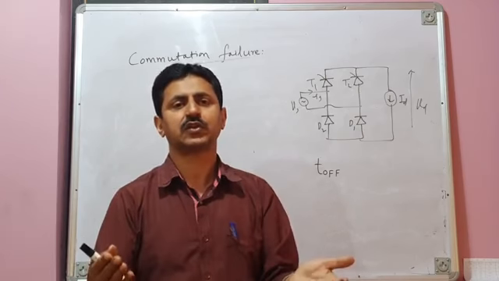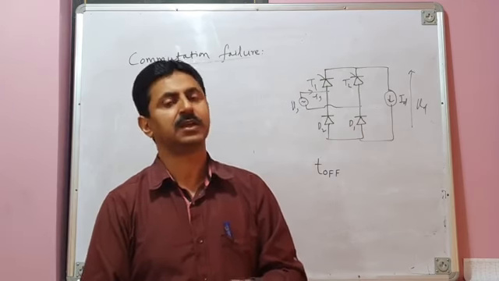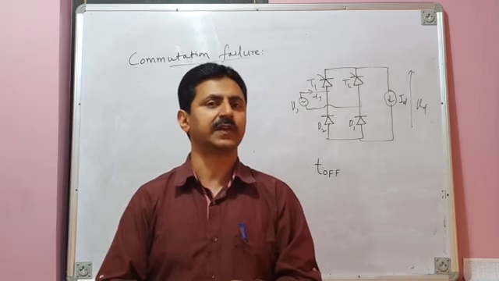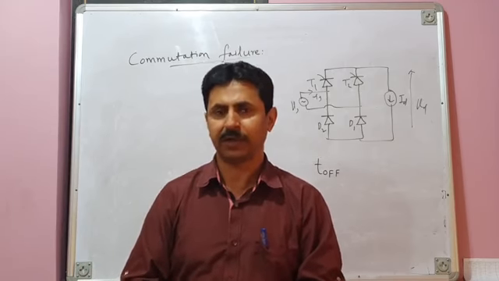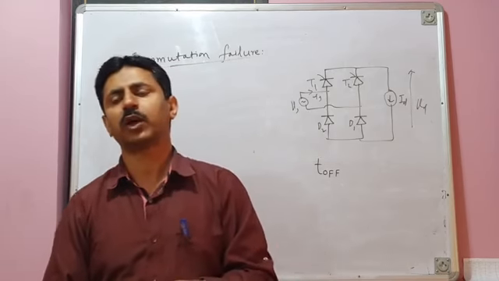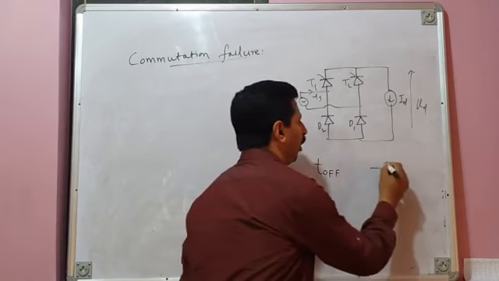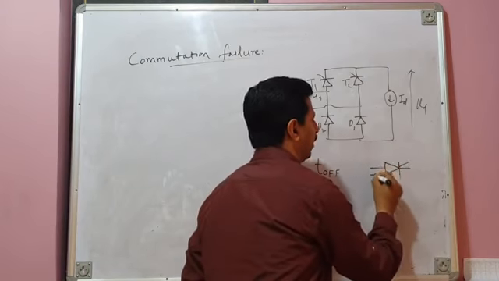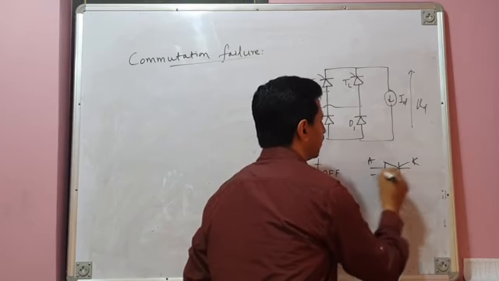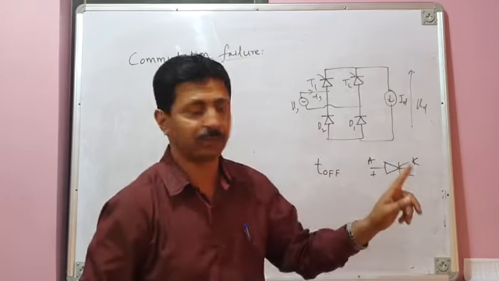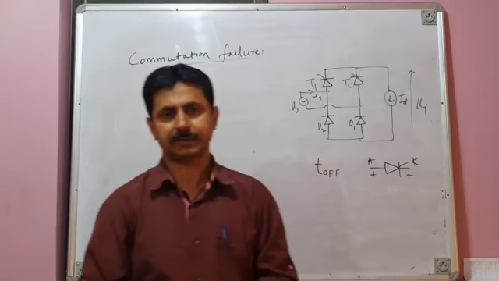When that process is over, the thyristor is completely turned off, and we say that it has regained its forward voltage blocking capability. Regaining forward voltage blocking capability means that if you forward bias this thyristor again, making anode positive with respect to cathode, it should not turn on without the application of a firing pulse.